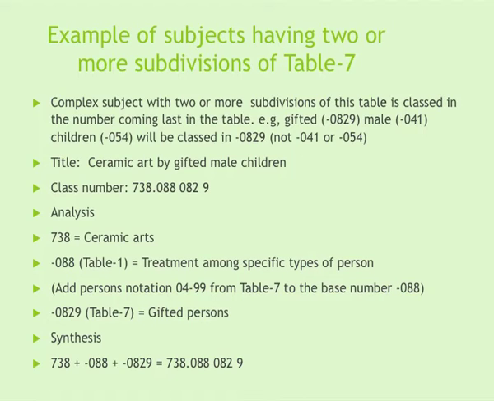Now, we will attach only one, the one which comes last in the sequence of table 7. Out of these 3, the 0829 for gifted persons is the number which comes last in the sequence. So, we will class this under 0829.